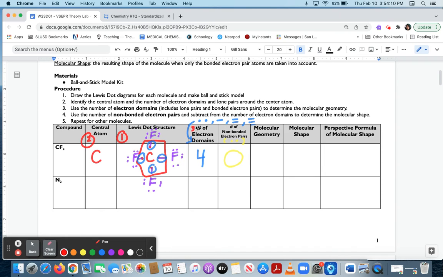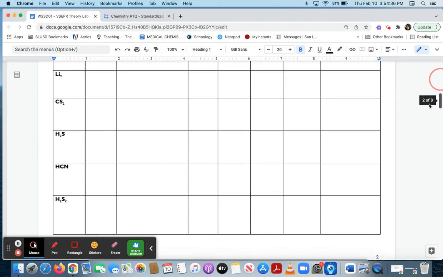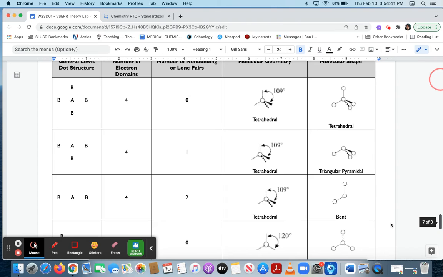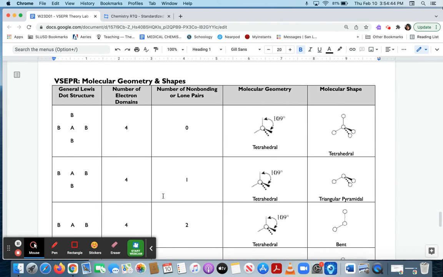All right. So my third step is identifying how many electron domains and how many lone pairs are surrounding the central atom. These two numbers will help me identify the molecular geometry and the molecular shape of the molecule. So recognizing the numbers is 4 for electron domains and 0 for lone pairs, I'm going to scroll down to page number 7, where I have kind of a cheat sheet that will help me identify the name of the geometry and the shape.